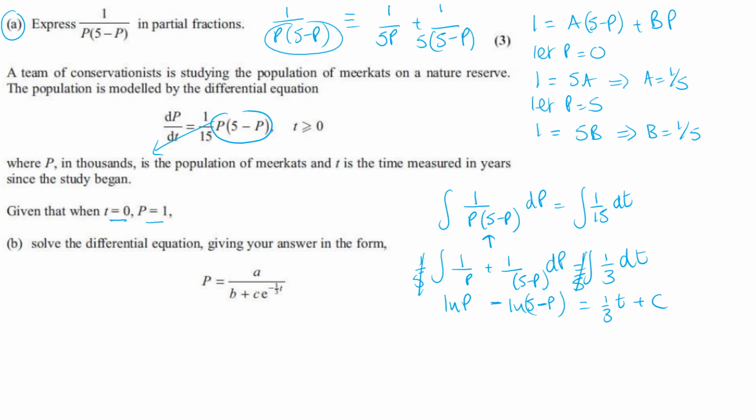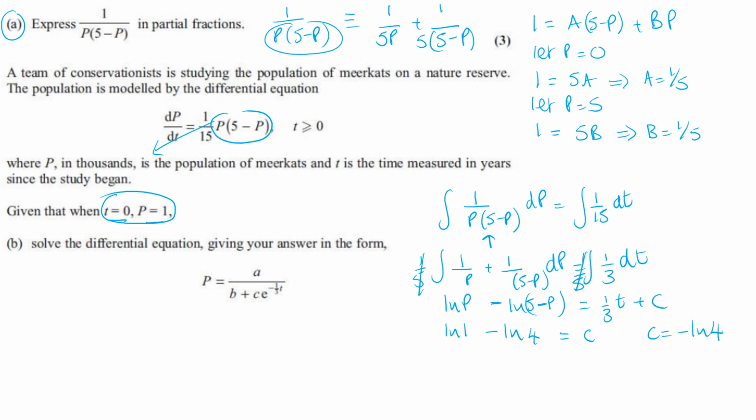Now that integration constant we're going to be able to find by subbing in these values, that t is equal to 0 and p is equal to 1. So the ln of 1, which is 0, minus the ln of 5 minus 1, which is 4, is equal to, t being 0 will go out, so that will be equal to c. So c is equal to minus the ln of 4.